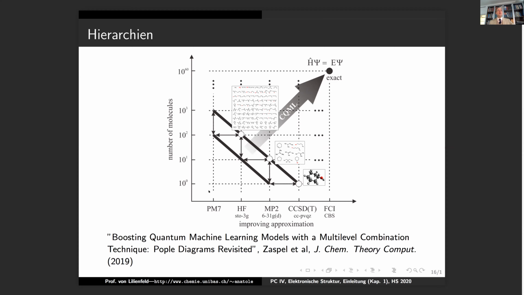In this paper, we devised a method how we could connect training data at different levels of theory, such that this model can predict the exact solution as well as possible, right? So you see that exploiting these hierarchies, knowing about them, is very much current research. This paper was the first that demonstrated how to do this.